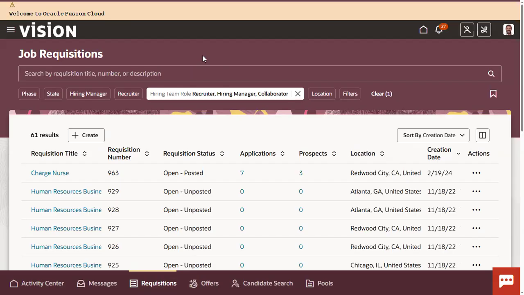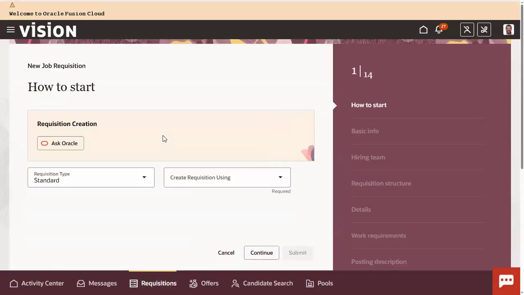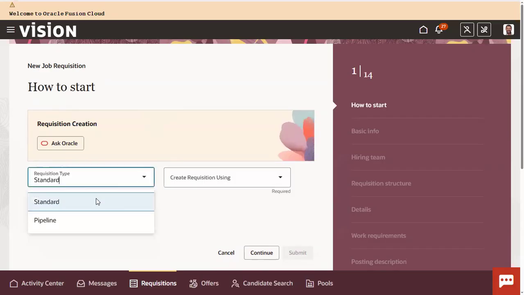So there are mainly two different types of job requisitions. When we try to create a job requisition, in the beginning itself the system will ask what type of requisition you are going to create. Two types we have: standard job requisition and pipeline job requisition. Most of the time the requirements will be on the standard job requisition.